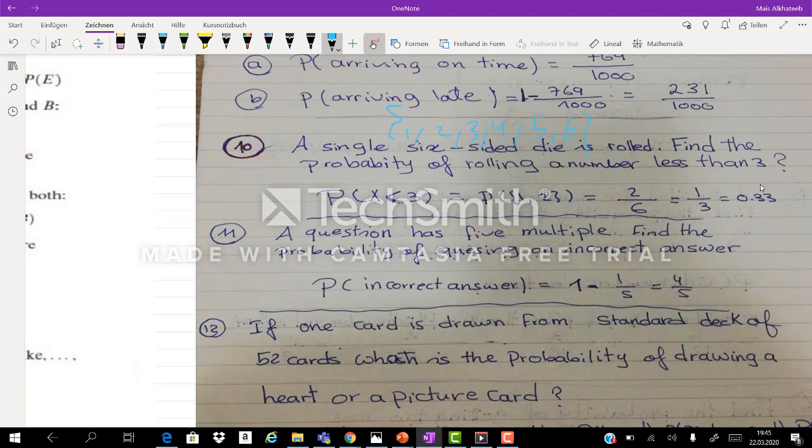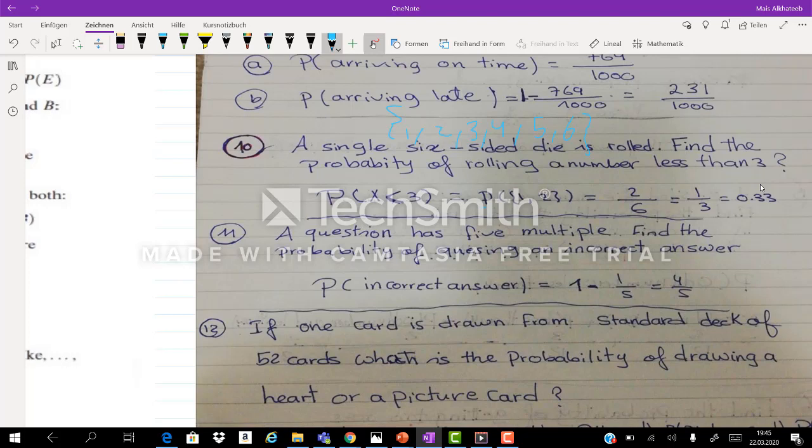Probability of incorrect answer will be 1 minus 1 over 5. 1 minus 1 over 5 equal 4 over 5.